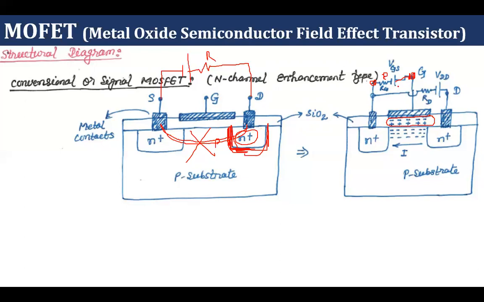Since we have positive voltage over here, polarization will happen in this sense: negative will be at the top and positive will be at the bottom, and there will be an electric field. Definitely this polarization will happen due to the electric field.